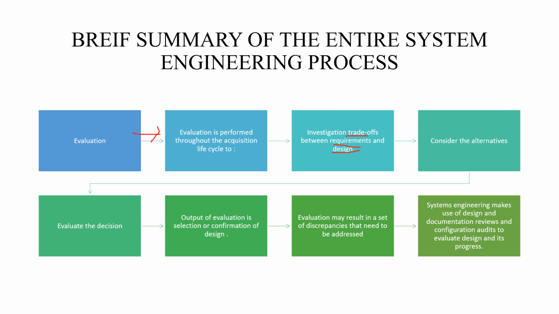With this example, evaluation will result in some discrepancies or problems that still need to be addressed. This falls into the scope of further development after re-engineering the product through the system engineering process. Once everything is set, finally comes the documentation of the entire work based on the reviews and the evaluation of the design.